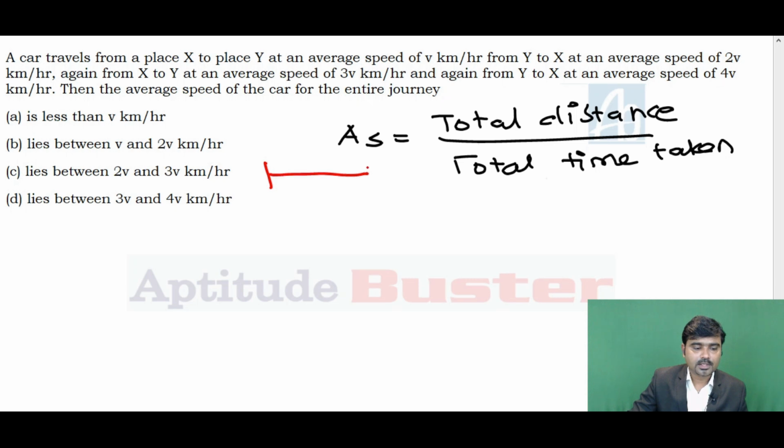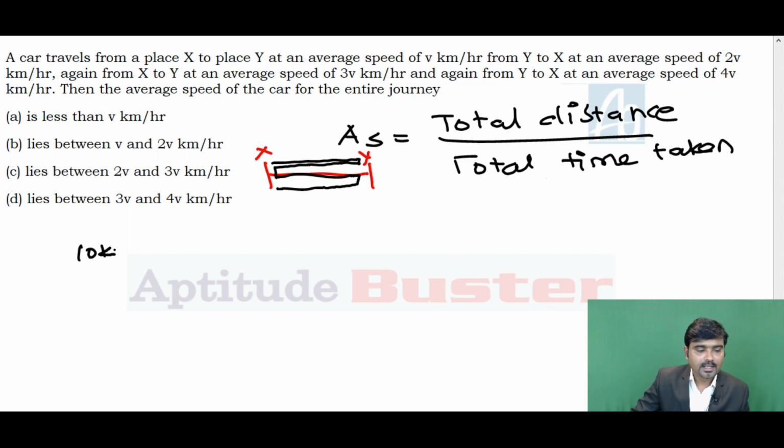In this question it's given X and Y, 2 places. A car travels X to Y at V km per hour, then Y to X at 2V km per hour, then X to Y at 3V km per hour, then Y to X at 4V km per hour, right? Don't worry about V, 2V, 3V, 4V and all.